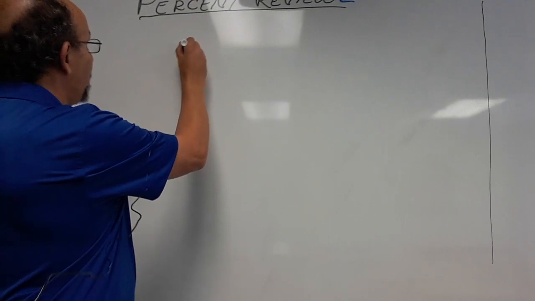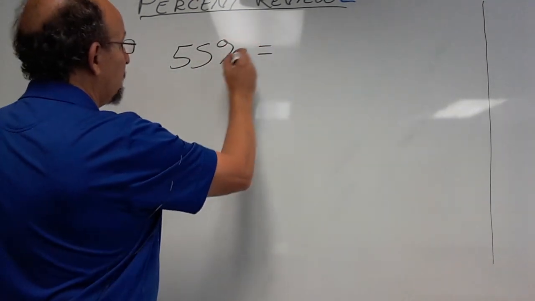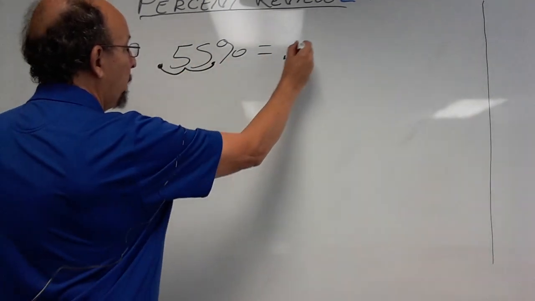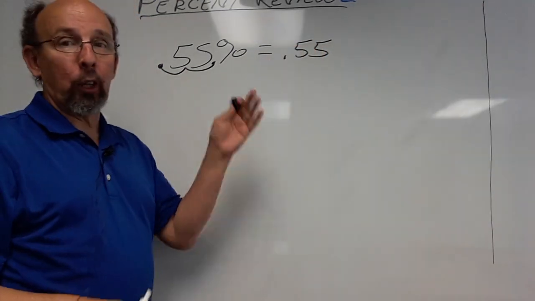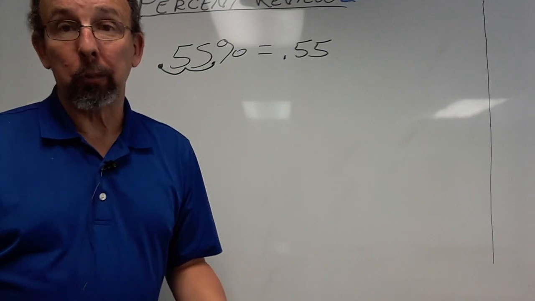So if I have 55%, for instance, that's going to equal 0.55. Anytime you have a percent, in order to use that percent, you have to change it to a decimal to use it.